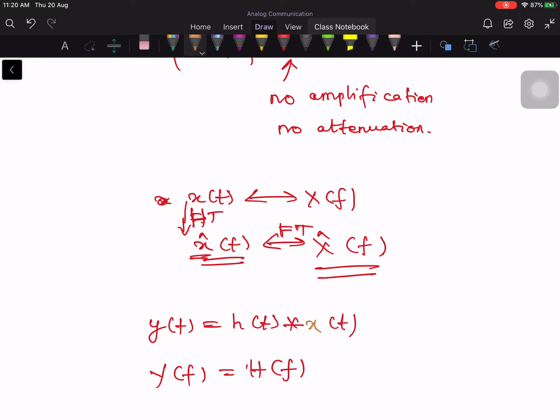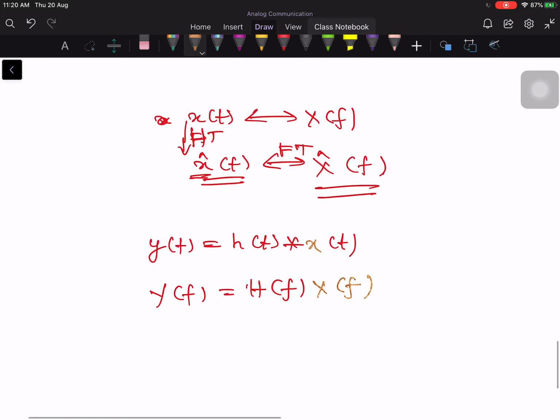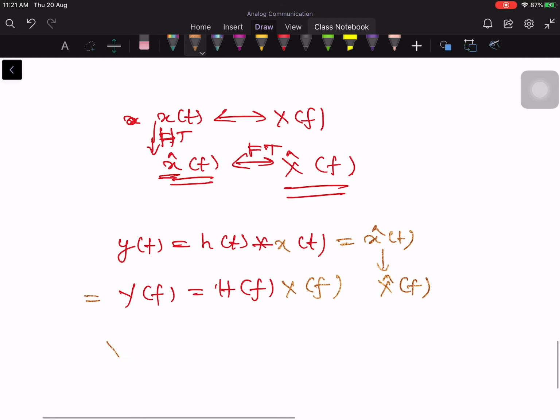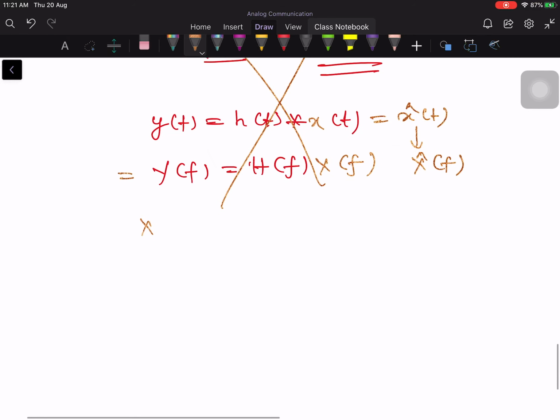X of t, X of f. Now this one we called x hat of t. So if you take the Fourier transform of this, x hat of f, therefore this is, let me prove this properly. Like you have a signal x of t, you take the Fourier transform, you will get X of f.